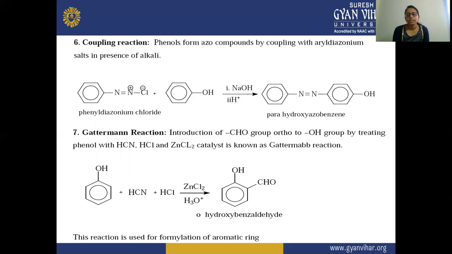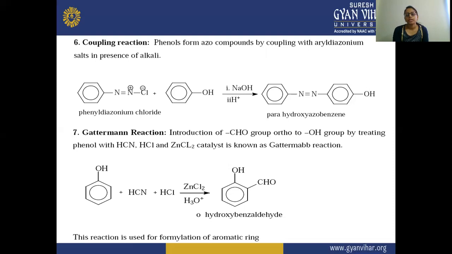Here the CHO group is introduced to the ortho position of this OH group, and we are treating this phenol with hydrogen cyanide plus hydrochloric acid, and zinc chloride is acting as a catalyst, and hydronium ion is also used, and after that there is a formation of ortho-hydroxybenzaldehyde.